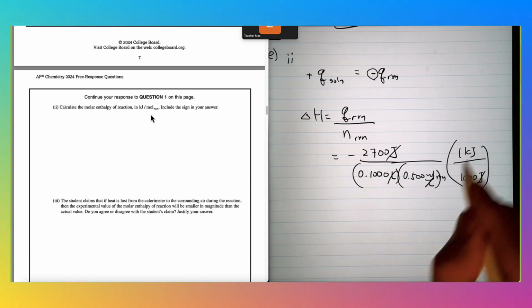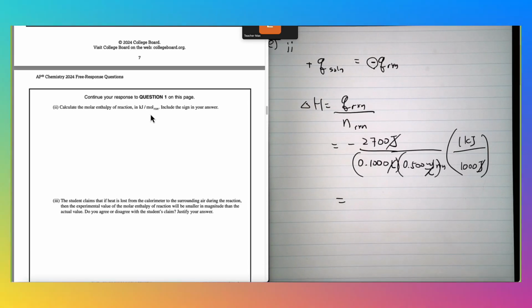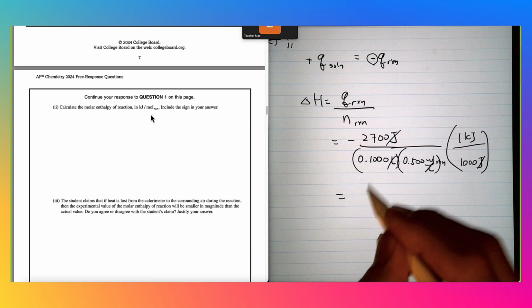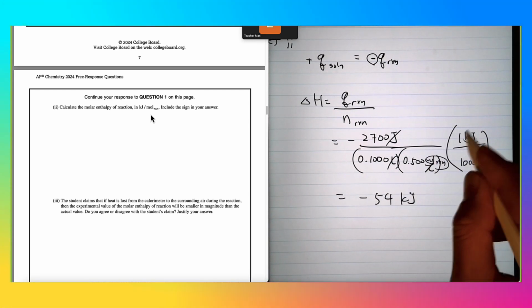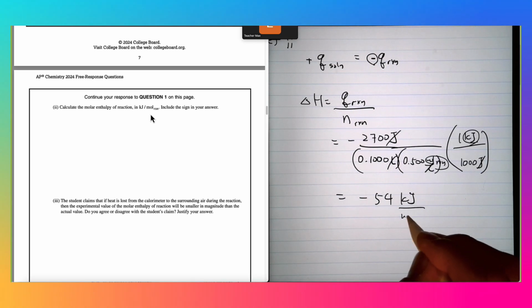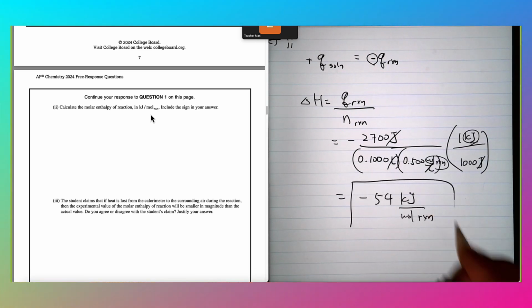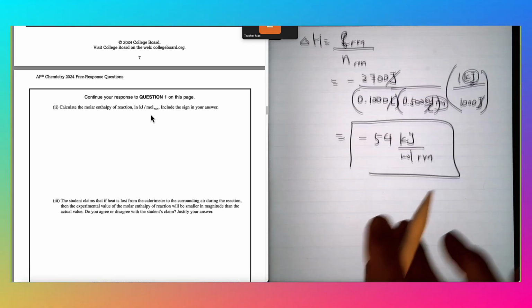We get kilojoules per mole of reaction, and let's put this all in our calculator. 2700 divided by 1000 and then divided by 0.1, and divided by 0.5 gives us 54. But there's a minus here, so it's minus 54 kilojoules per mole of reaction. So that's how you answer part 2.